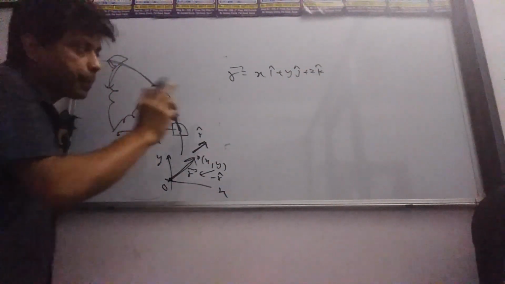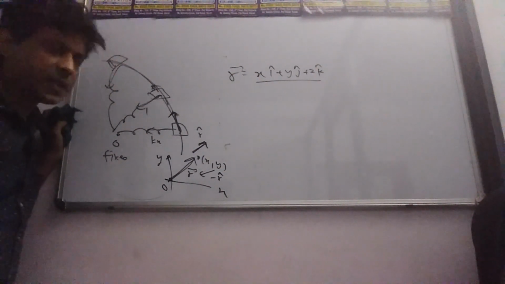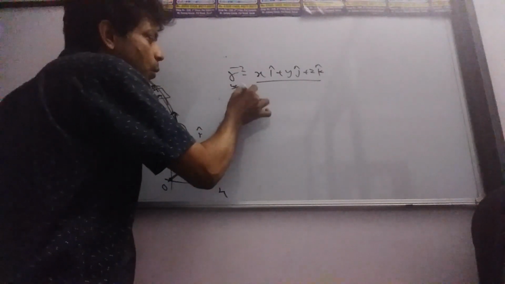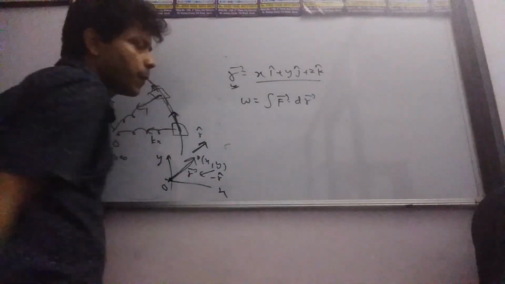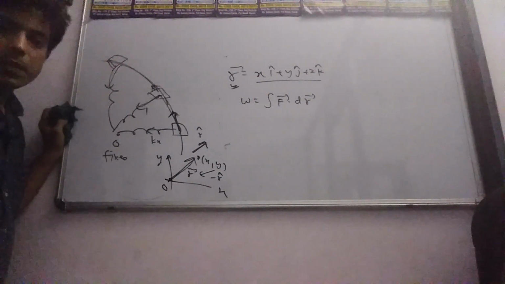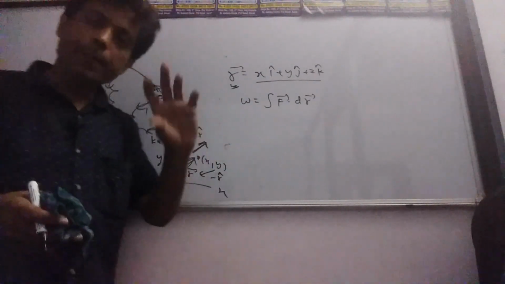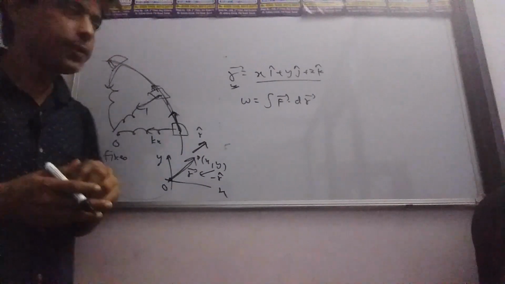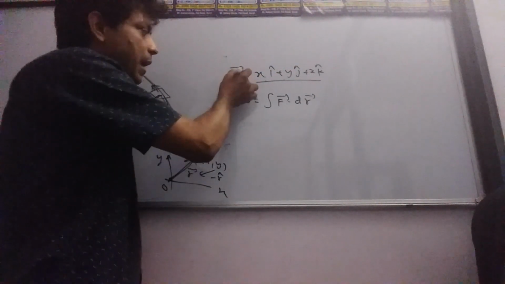Whenever the value of the force is in the form of x i cap, y j cap, z k cap, then you always use work done is equal to F dot dr, right? Sometimes it is given that vector F is equal to x i cap, y j cap, z k cap. So that is nothing but the vector r.